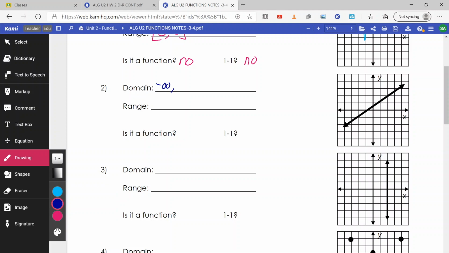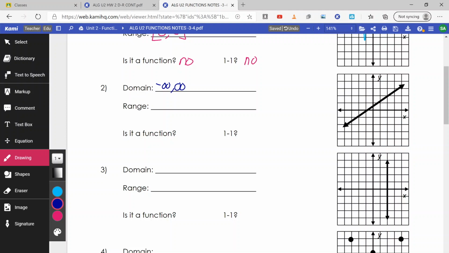To the right, I follow my line, going up and right forever, so eventually +infinity. Because infinity is a made-up number we can't possibly hit it, so we use parentheses.